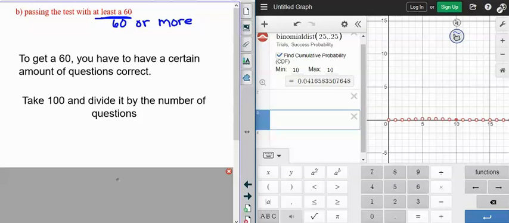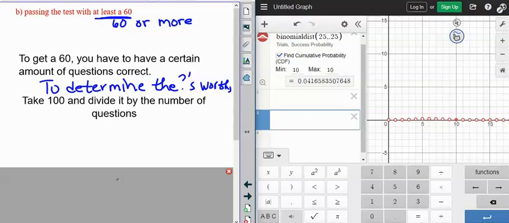So to find out how much each question is worth, determine the question's worth. We're going to take 100 and divide it by the number of questions there are.